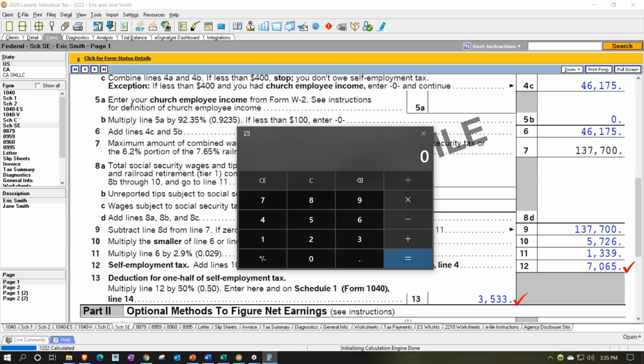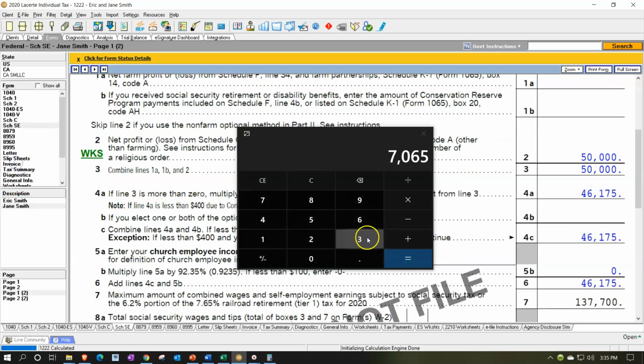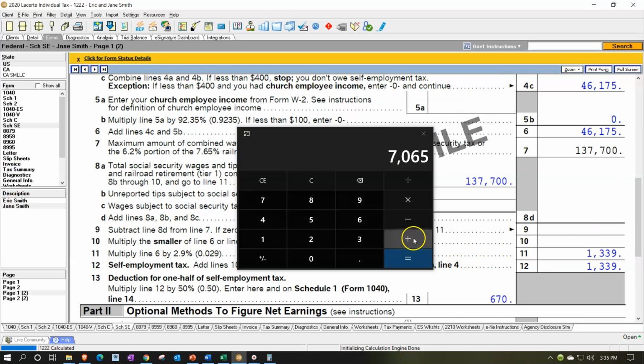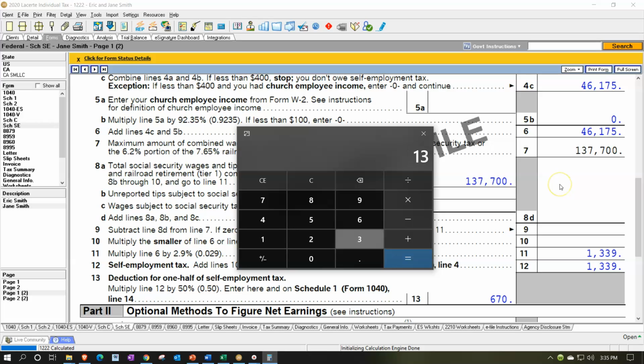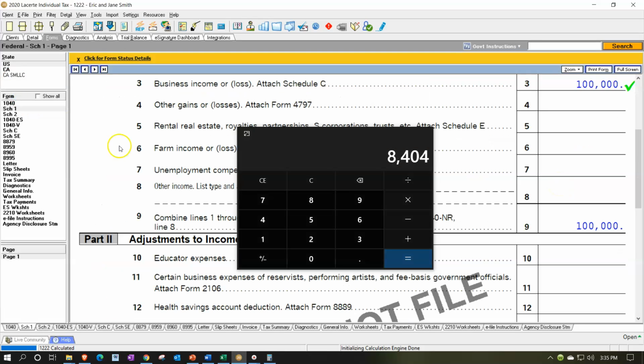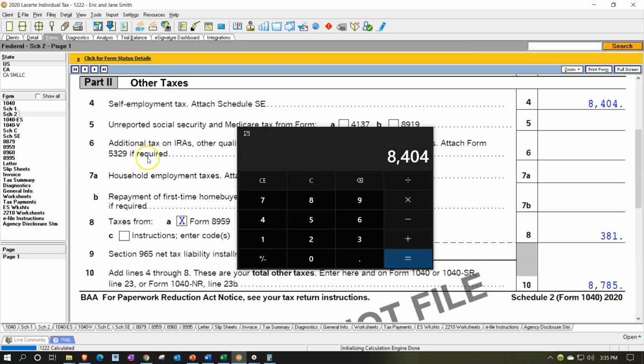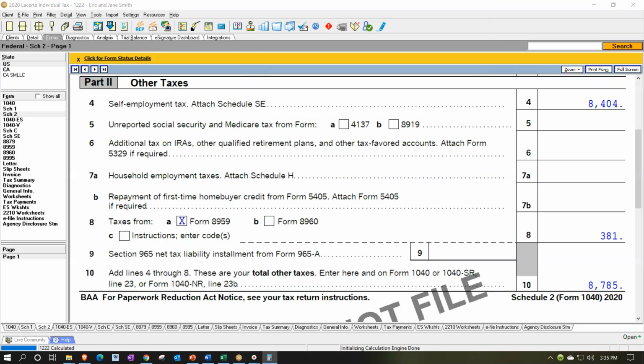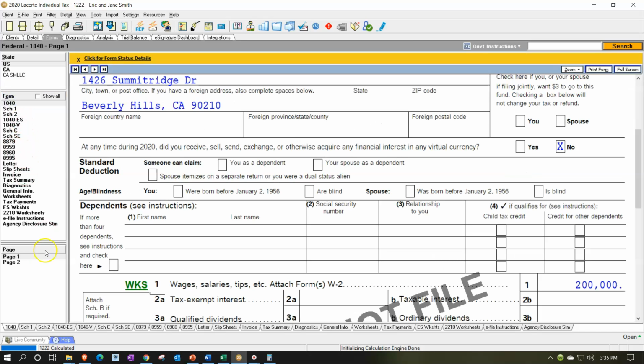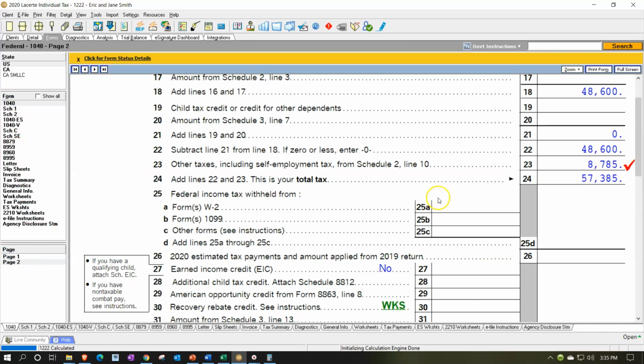So if we add these back up, 7,065 plus what's on Jane's side, the 1,339, then that's going to flow over to Schedule 2 for the added tax of the 8,404, and then there's added Medicare too, and that of course would then flow on to the second page of the 1040.